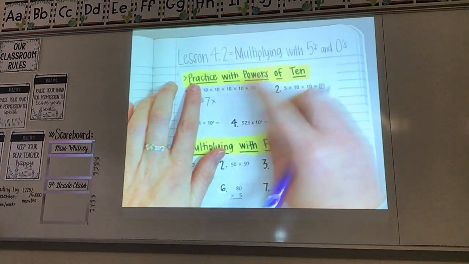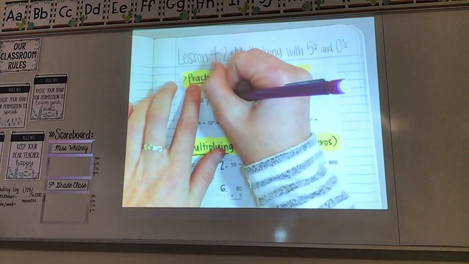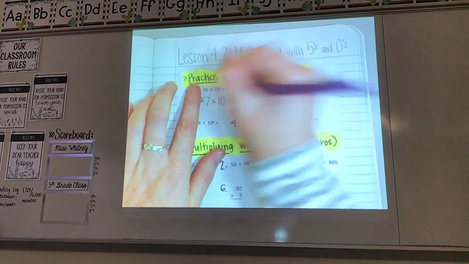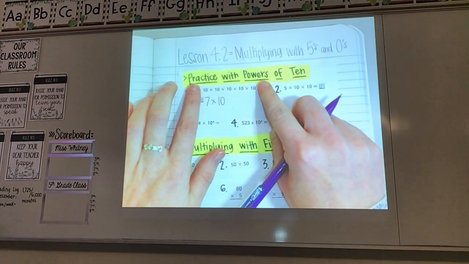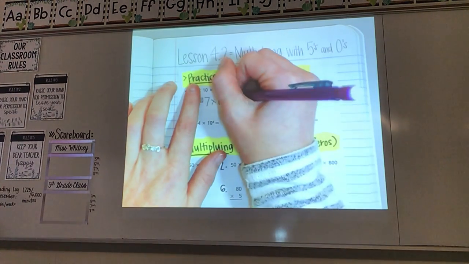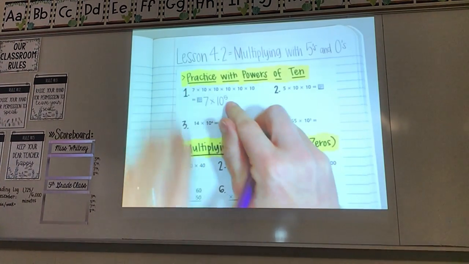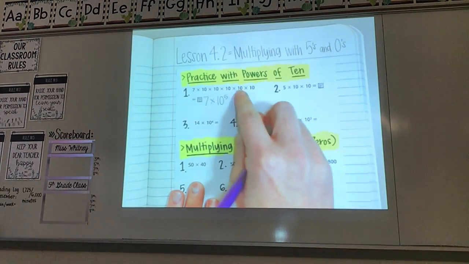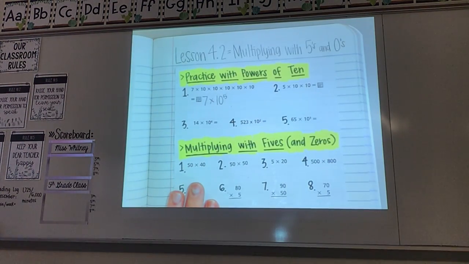So I see that all of these are 10s, so I know my big number is going to be a 10. And then to figure out my exponent, remember that tells me how many 10s there are. So count up. What would my exponent be to show that? It would be a 5. So it would be 10 to the power of 5 because there are 5 10s that we are multiplying.